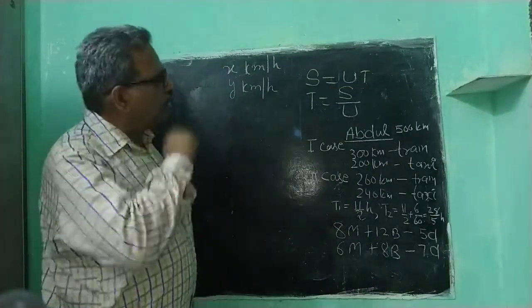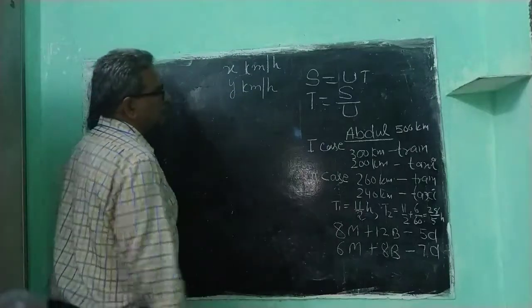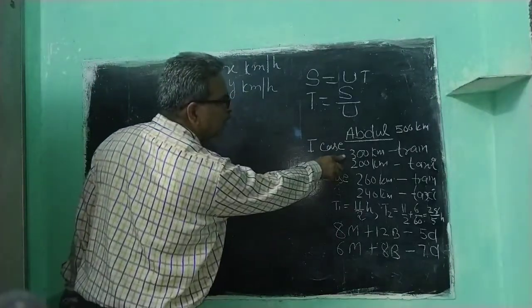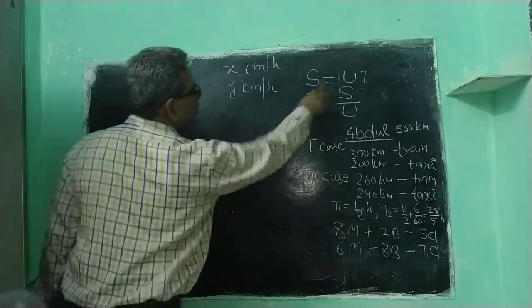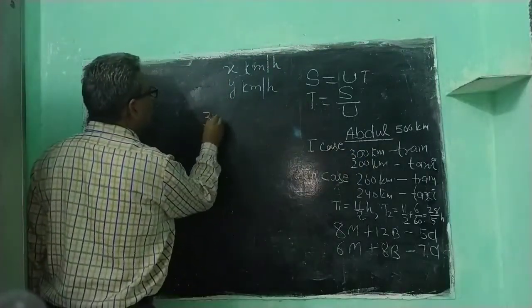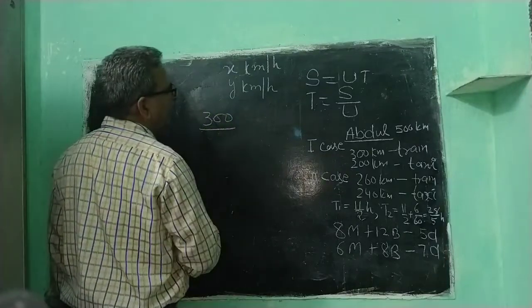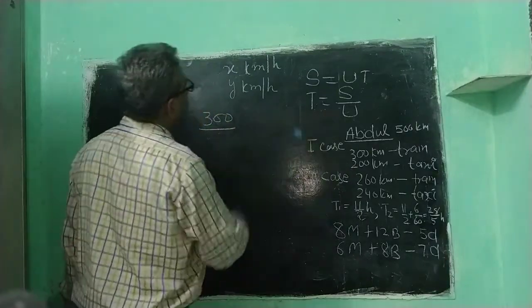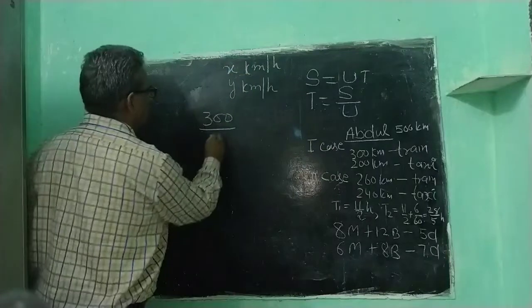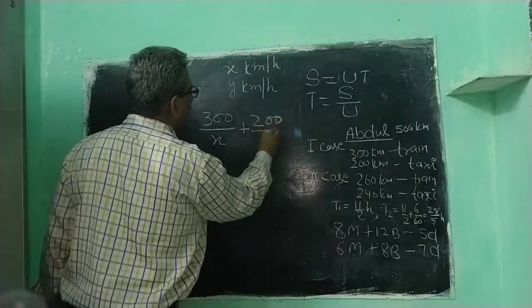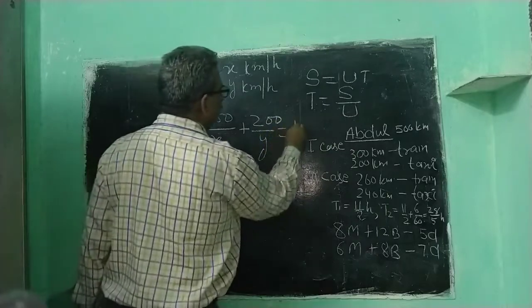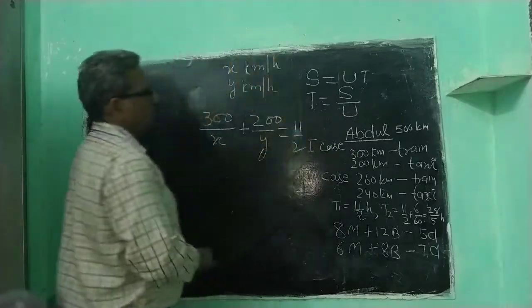So according to this, 300 kilometer covered by train is 300 kilometer divided by velocity, so how much is it? 300 by x plus 200 by y is equal to 11 by 2.